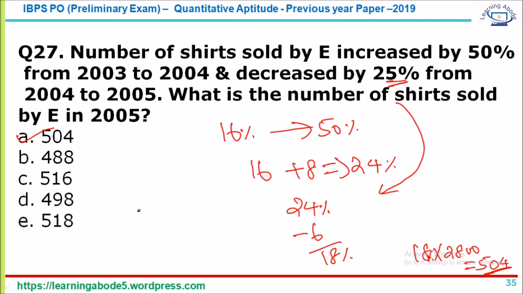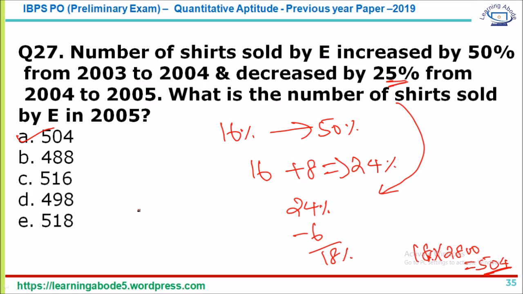So 16% of 2800, that value I'm not calculating right now, it is 448 or whatever, I'll calculate it later. So 16%, a 50% increase will become 24%, then a 25% decrease on that.